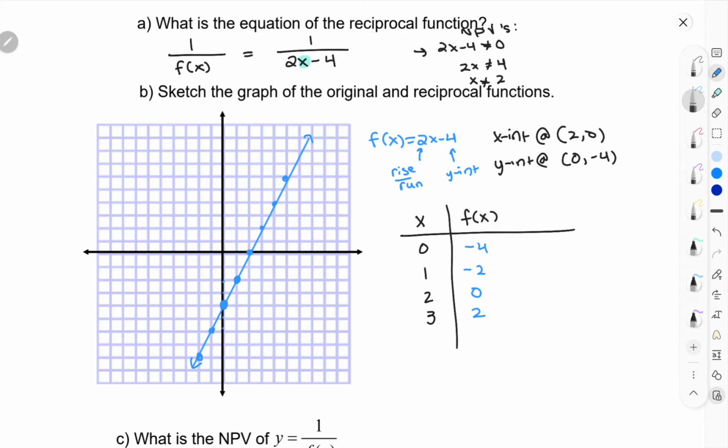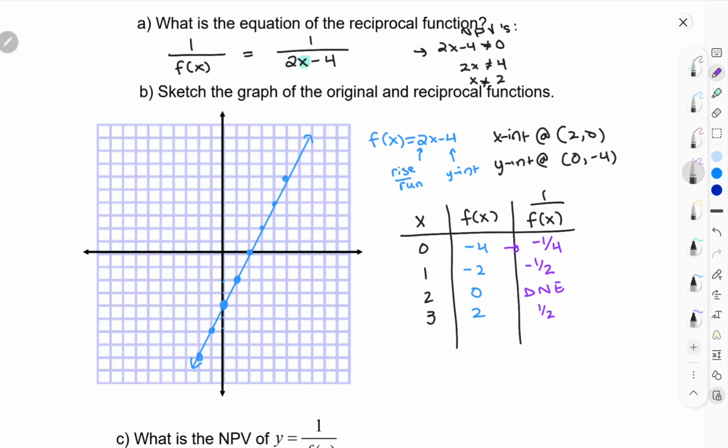And so if I think of the reciprocal function, all of these y's are going to turn into reciprocals. So when x is 0, 1 over f of x is negative 1/4. When x is 1, 1 over f of x is negative 1/2. When x is 2, 1 over f of x does not exist, because my original function had a y value of 0, and 1 over 0 does not exist.